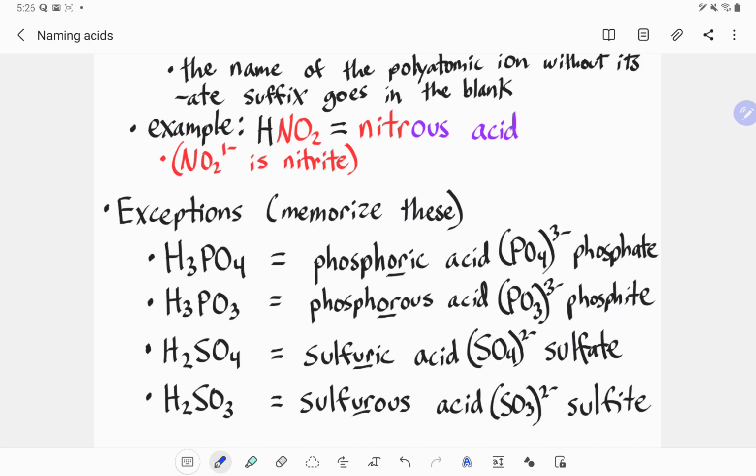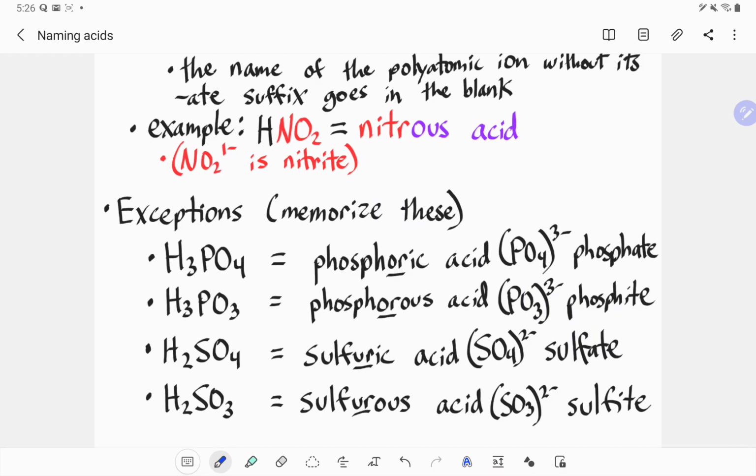So you can just say H3PO4, I'm just going to memorize that is phosphoric acid. And H3PO3, I'm just going to memorize that is phosphorus acid, etc. So if you want to just memorize these as is and make flashcards for these, that's fine. But if you want to just memorize that they are exceptions because they have 2 extra letters inserted and we're going to otherwise follow the same rules, you can do that as well.